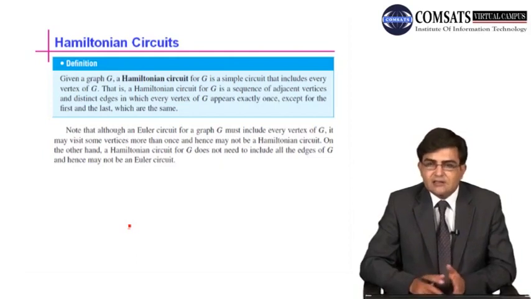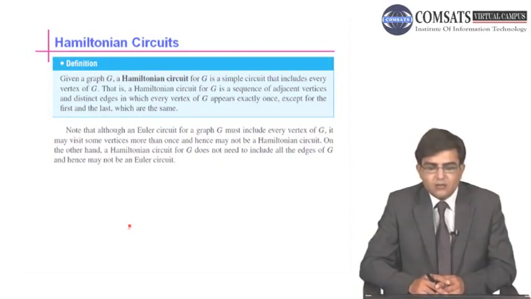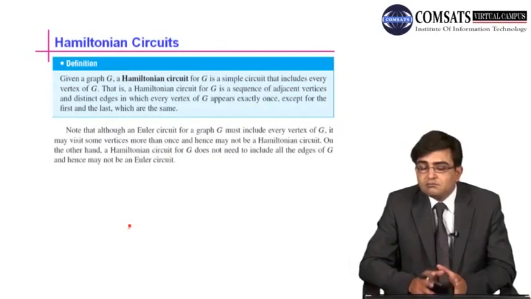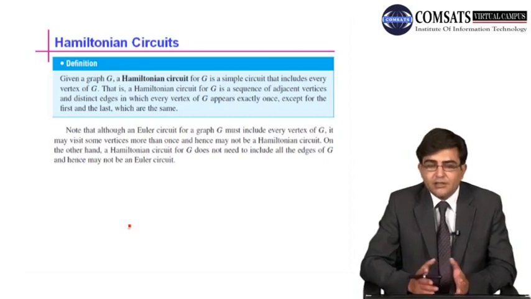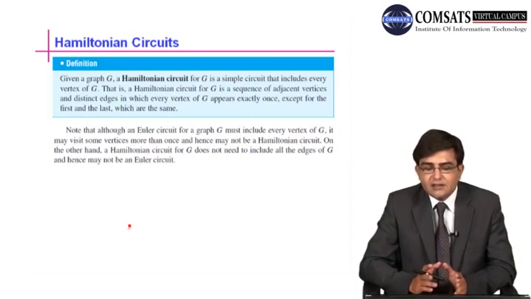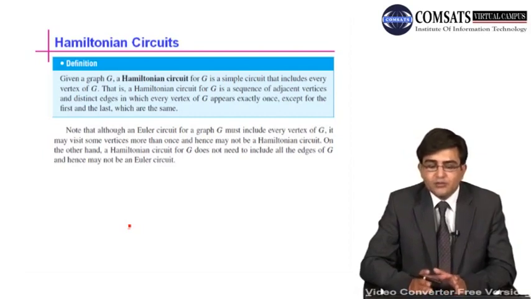That is, first and last are allowed to be repeated, which are same. Here it is basically a simple circuit, so edges cannot be repeated. But here the Hamiltonian doesn't impose any condition on edges.